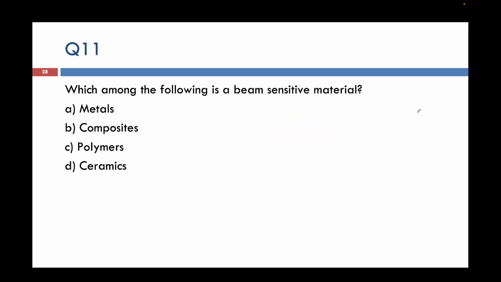Which among the following is a beam sensitive material? Metal, composites, polymer and ceramic. Beam sensitive here means sensitive to the TEM electron beam, the incident electron beam.